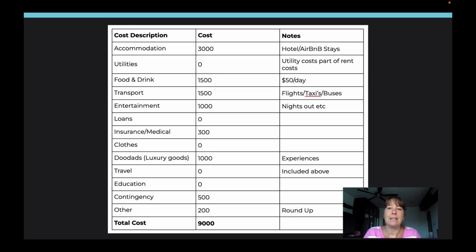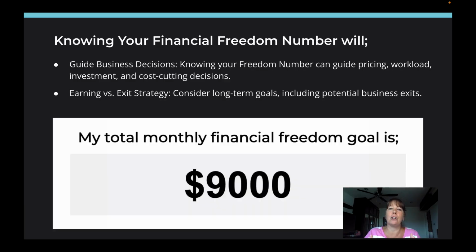This then determines lots and lots of decisions moving forward, because you are then going to be able to figure out the kind of business model that you need to go into, the pricing of your courses or the pricing of your products, how hard you need to work, because obviously the bigger your financial freedom goal, then probably the more work you're going to have to put in. And also any decisions that you're going to make in the business. So knowing this number gives you immense clarity along with your vision and goals.